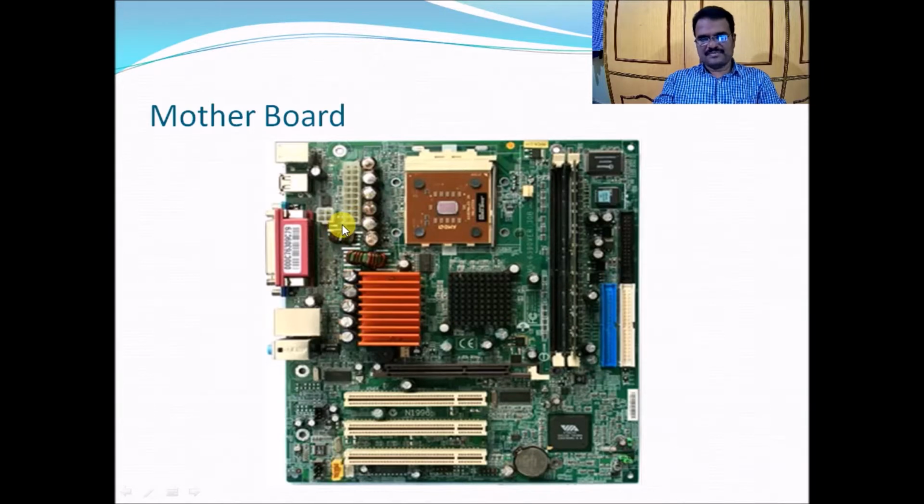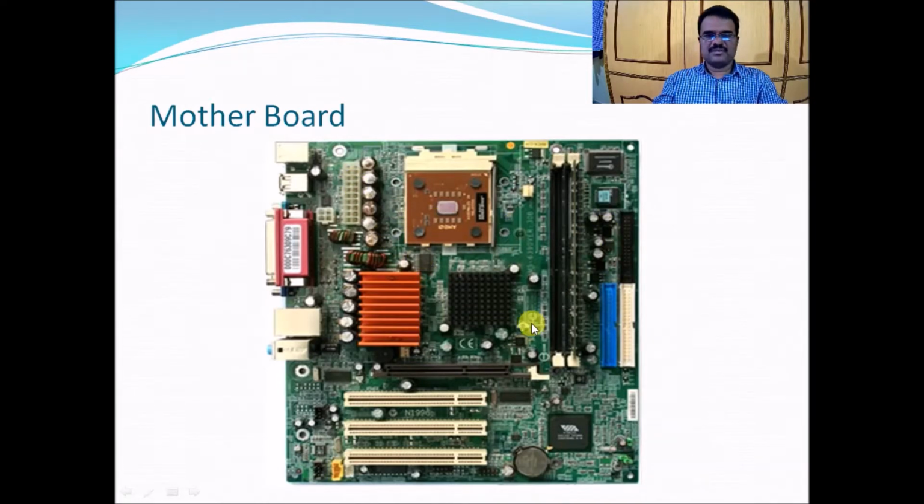Maximum components like the central processing unit, RAM slots, north bridge and south bridge, PCI slots, AGP slots, I/O ports, IDE connectors, CMOS battery and ROM, all the devices and supporting devices, and power connector are mounted on this.